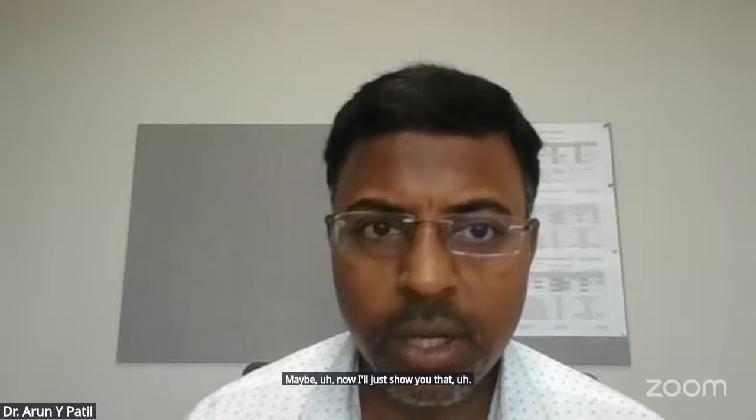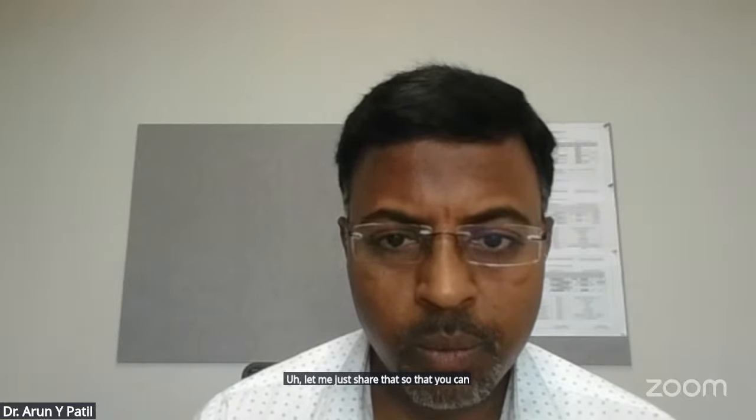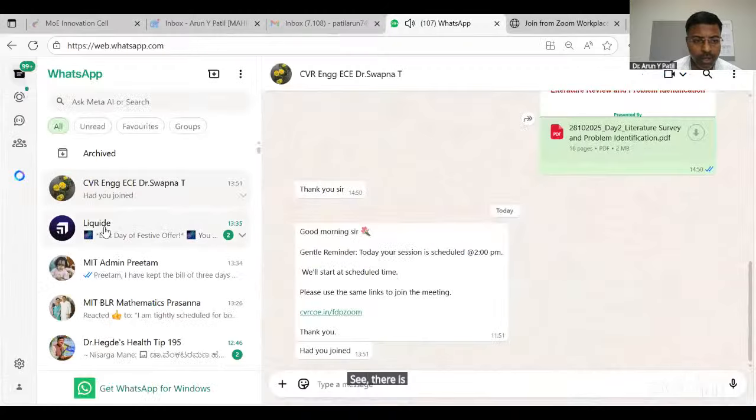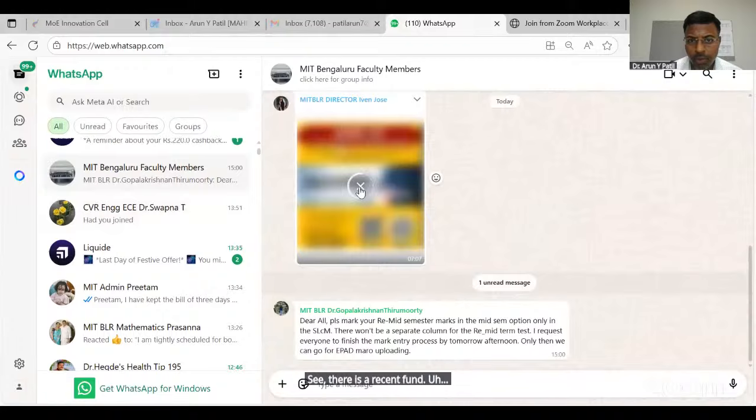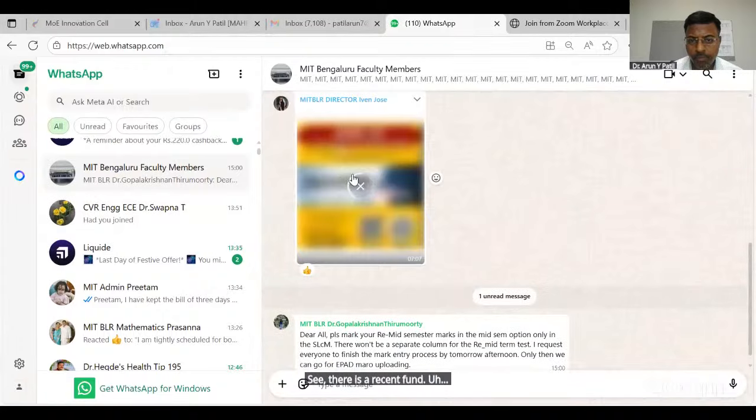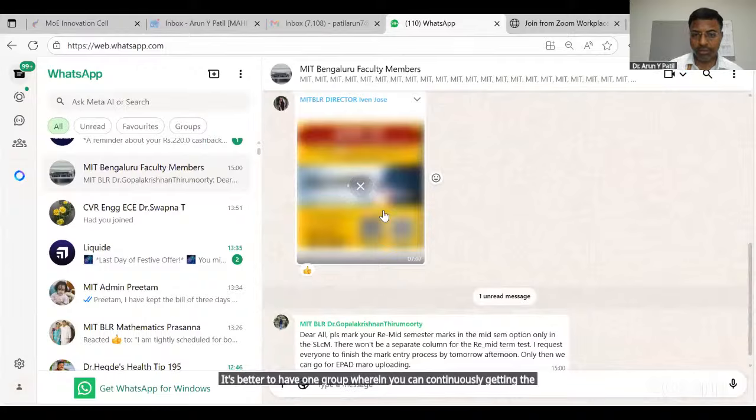Maybe now I'll just show you that. Let me just share that so that you can understand. See, there is a recent fund. It's better to have one group wherein you can continuously get information related to these fundings.